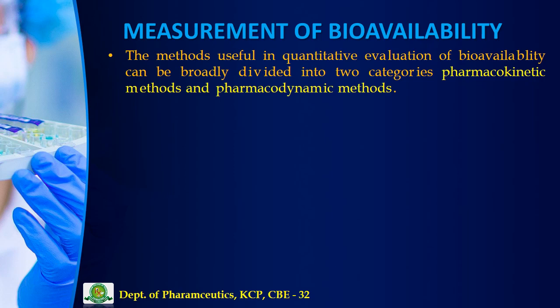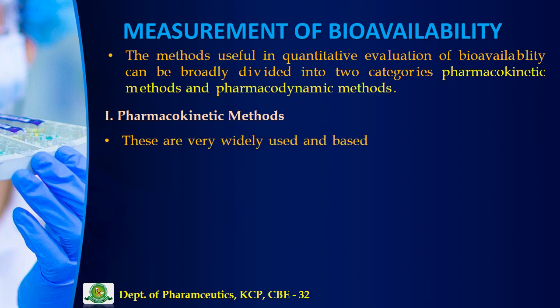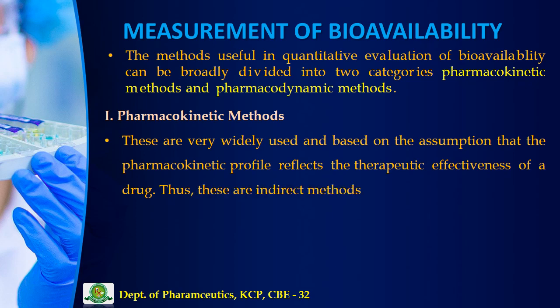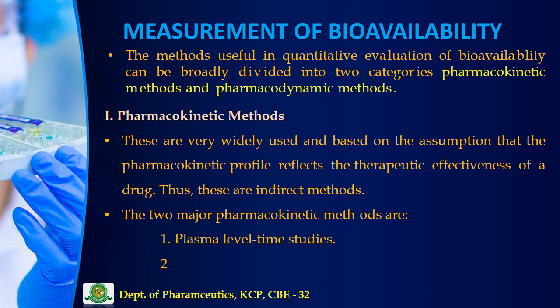Pharmacokinetic methods are very widely used and are based on the assumption that the pharmacokinetic profile reflects the therapeutic efficacy of a drug. Thus these can be called an indirect method. The two major pharmacokinetic methods are plasma level time studies and urinary excretion studies.